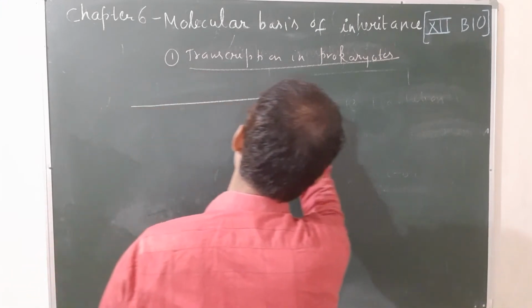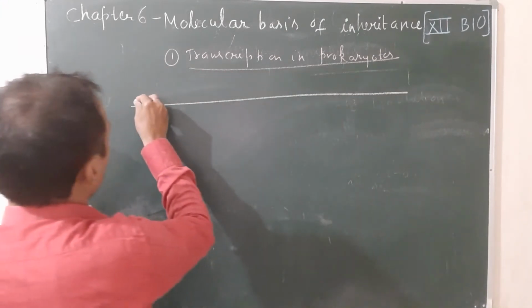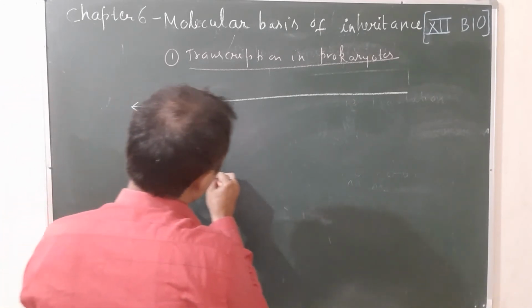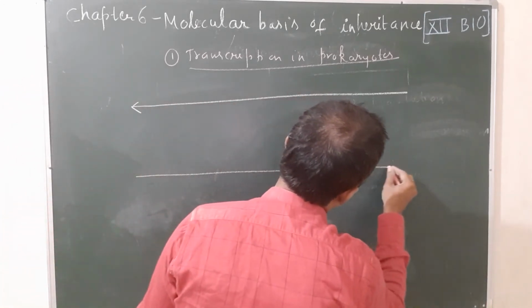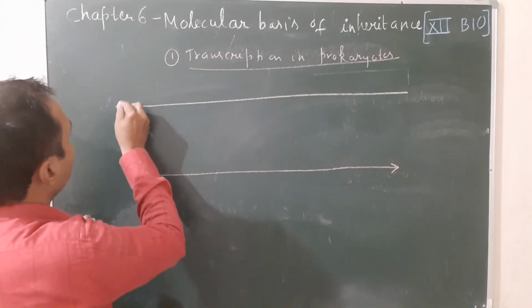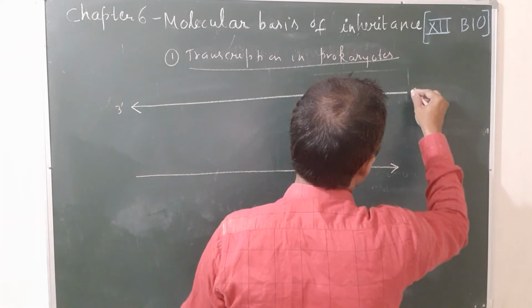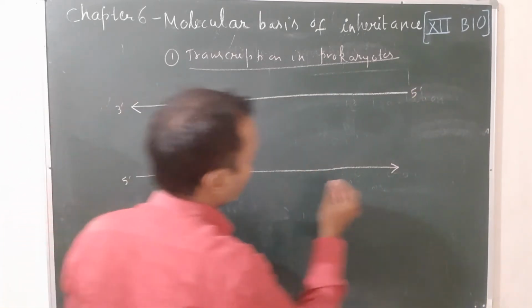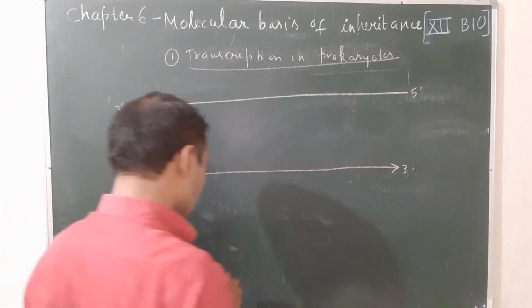So what is a transcription unit? First you have to draw the transcriptional unit. Then we will discuss the various components of the transcriptional unit. Suppose this is the polarity 3 prime, and this is the polarity 5 prime, so it will be 5 and it is 3.